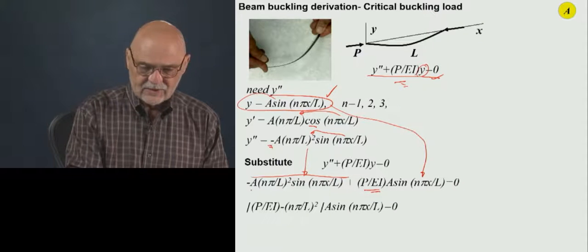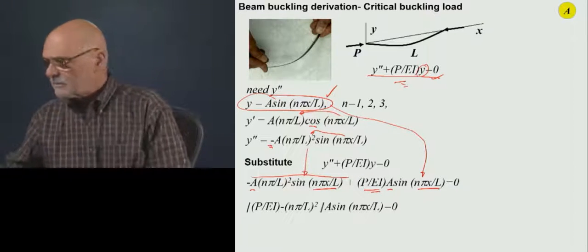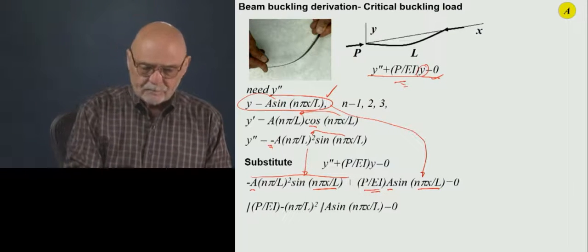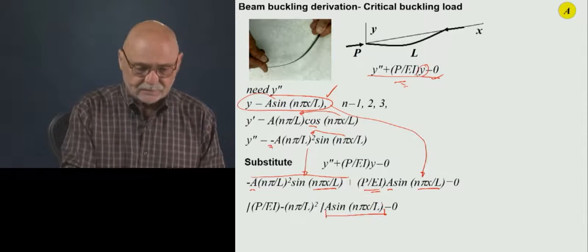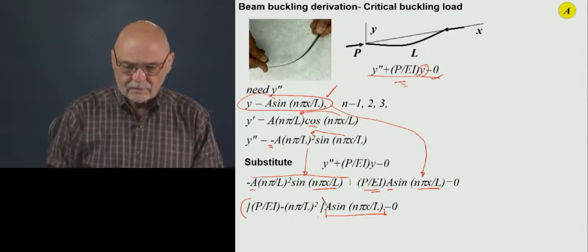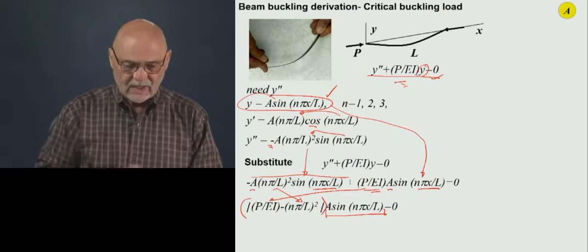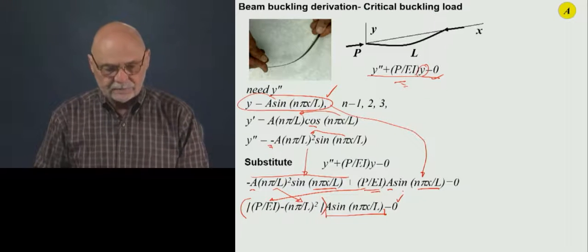We're taking the a's from each side, the signs from each side, and we get this quantity here. So this is here, that's there, times that. And this has to equal 0.